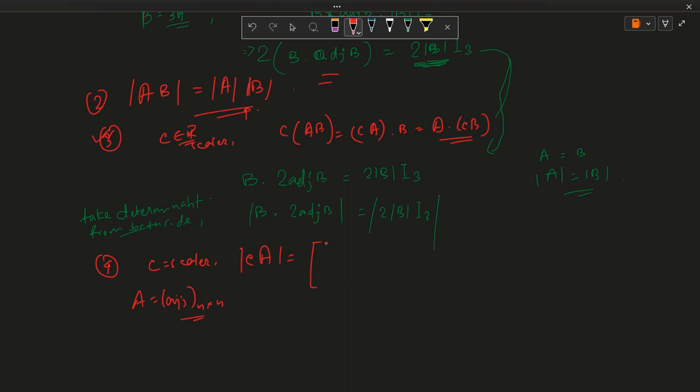So CA will be CA11, CA12, CA1n, CA21, CA22, CA2n, and so on.